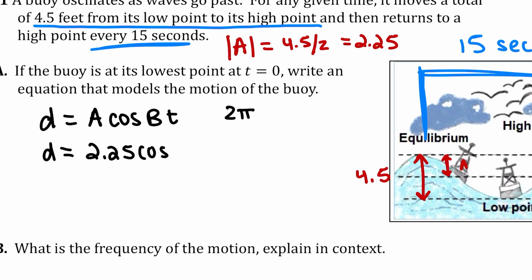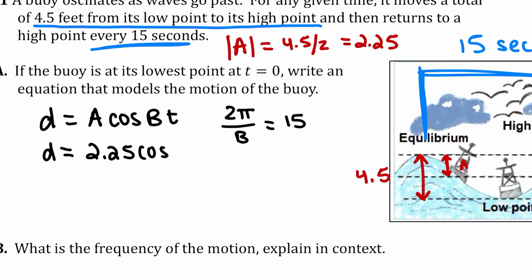And if we know that our period is 15 seconds, that means we can work backwards to find out what our B value is. Let me do that here. Because we can use the calculator, let me pull up my NumWorks calculator, because I really don't want to work with a bunch of decimals, especially if we have pi being all nice for us.